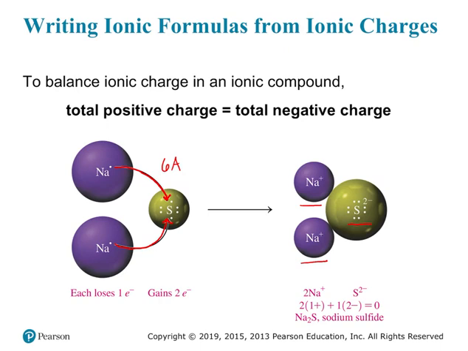So we would write this as Na subscript 2S. So that's showing we need 2 sodium ions for every 1 sulfur ion. Okay, and then we have a neutral compound.